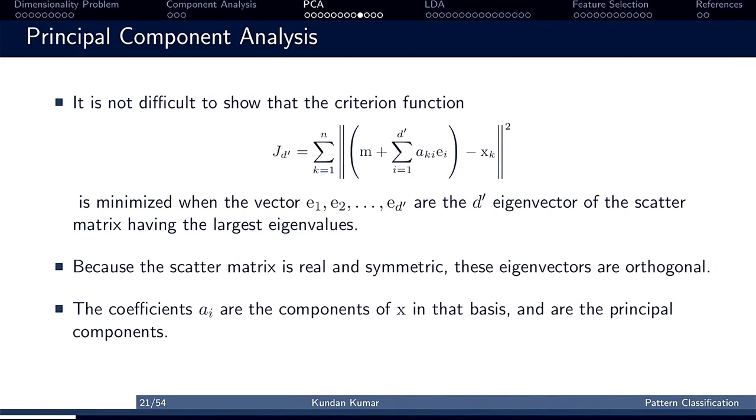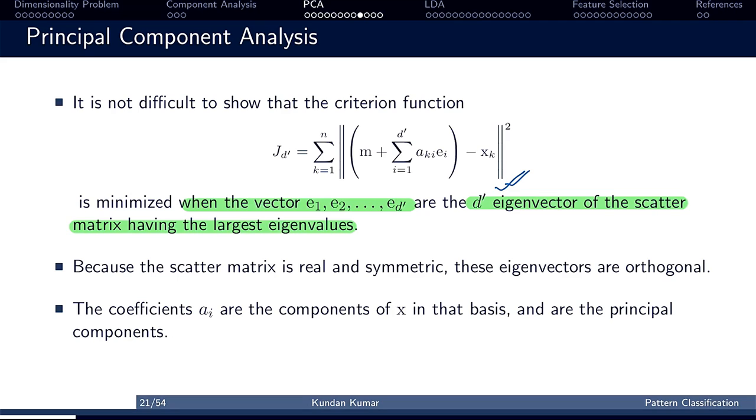It is not difficult to show that this criterion function will be minimized only when the vectors E1, E2, up to Ed dash are the d dash eigenvectors of the scatter matrix having the largest eigenvalues.